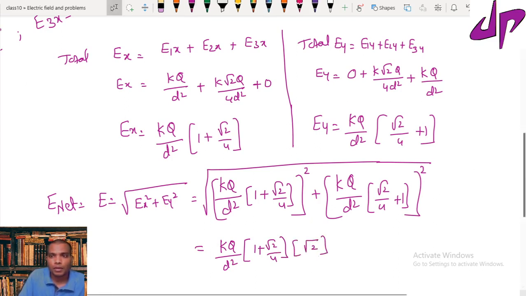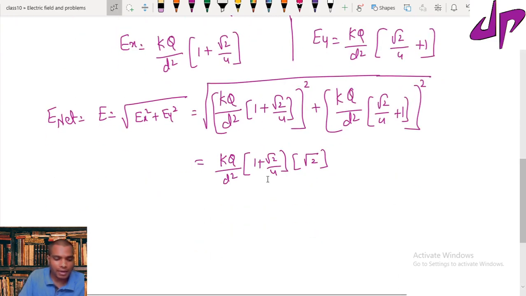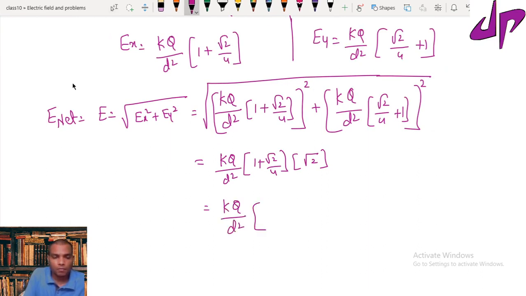If we simplify that, we get the final result as kq by d square times (root 2 plus 1) by 2. If you do this simple algebra, you can get it. Now substitute the values to get the end result. The net electric field: put in all these parameter values.